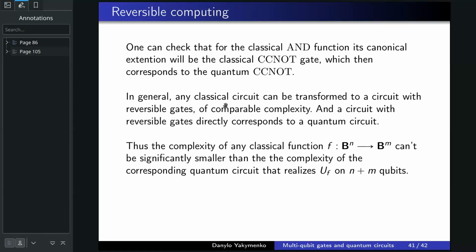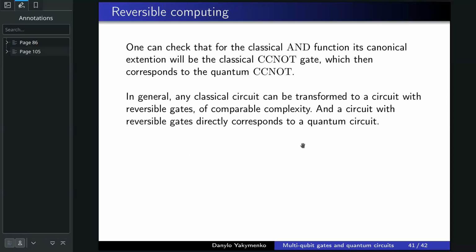So we can transform non-reversible circuits with non-reversible gates to reversible circuits with reversible gates. And in fact, there are ways to do it with comparable complexity. So the number of gates will be of comparable size. And when we have a reversible circuit with reversible gates, it just directly corresponds to a quantum circuit. So just like here.